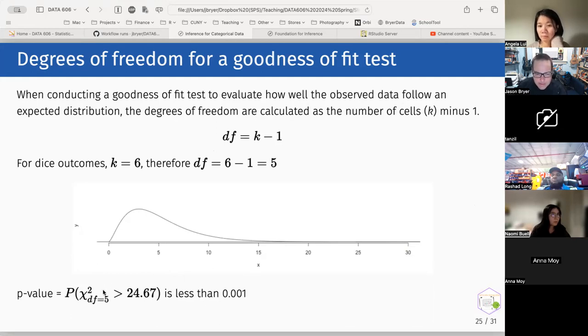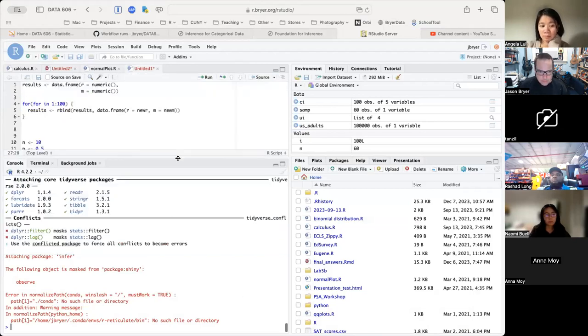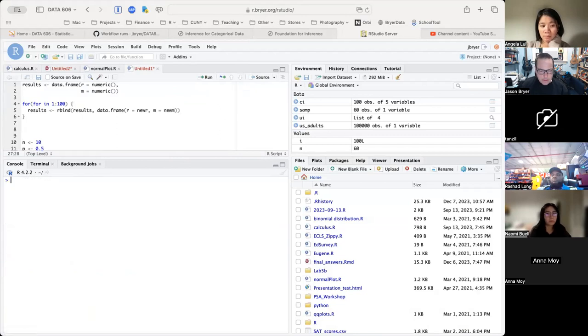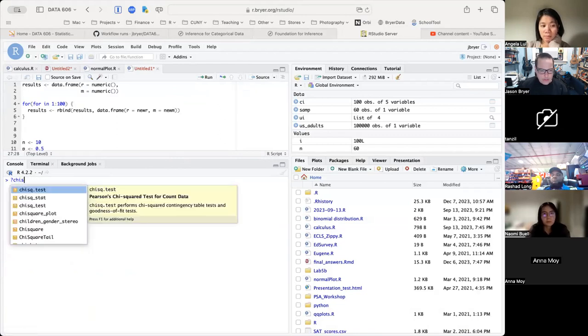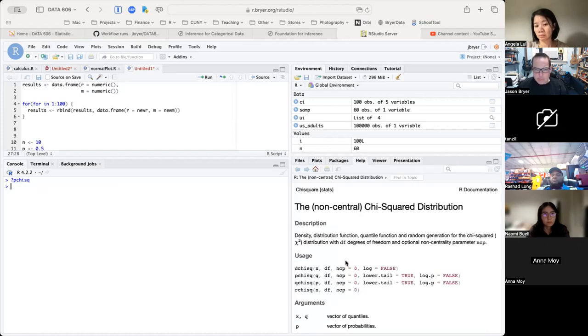So here I'm looking at the area. Let me pull this up so we can look at the chi-square. We want to look at pchisq, because this is going to give us the probability.